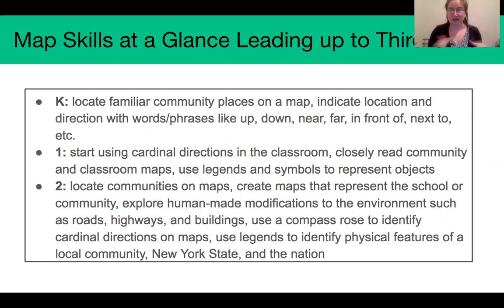You might explore a classroom map, and you start to have children use symbols and a legend to represent different objects. By second grade, it gets a little more complex, right? So it's building up. You start to locate communities on a map, create maps that represent the school or community, explore how humans interact with the environment, how they modify it, and second graders begin using a compass rose and legends on maps.